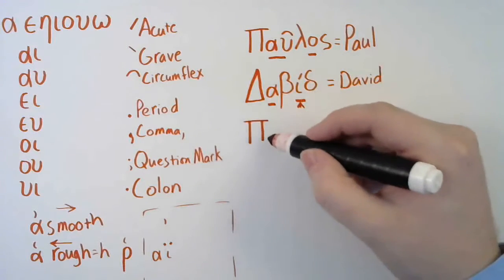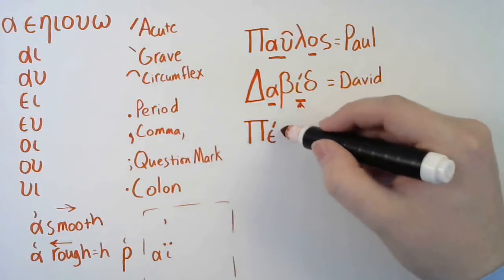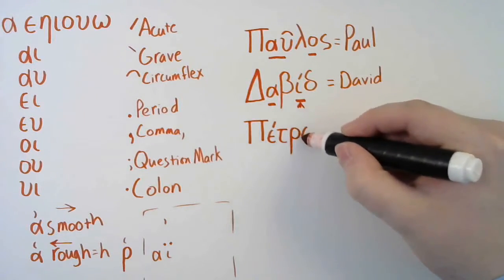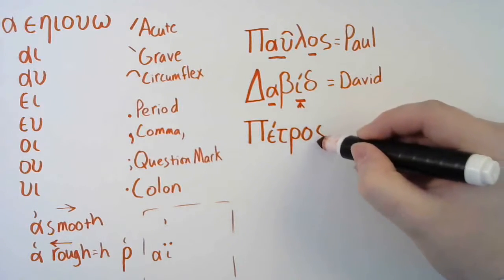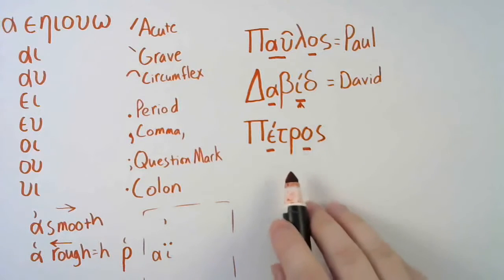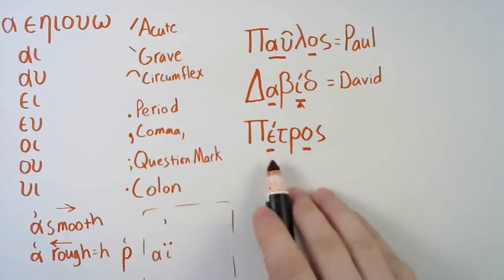Alright, David. Next up we have another P, epsilon with an acute accent mark, tau, rho, omicron, and a final sigma. And we have 1, 2 syllables. Petros.